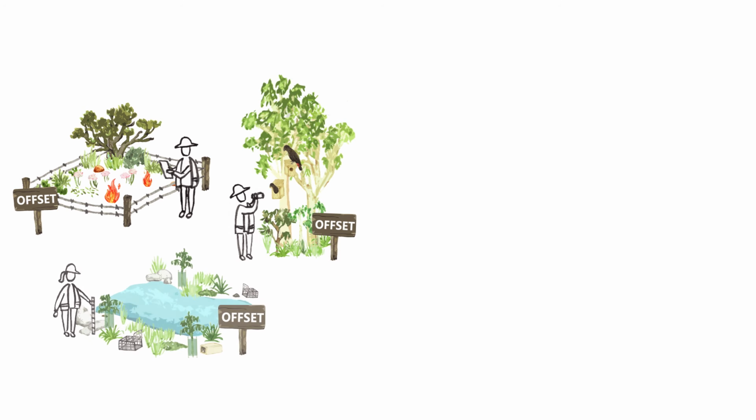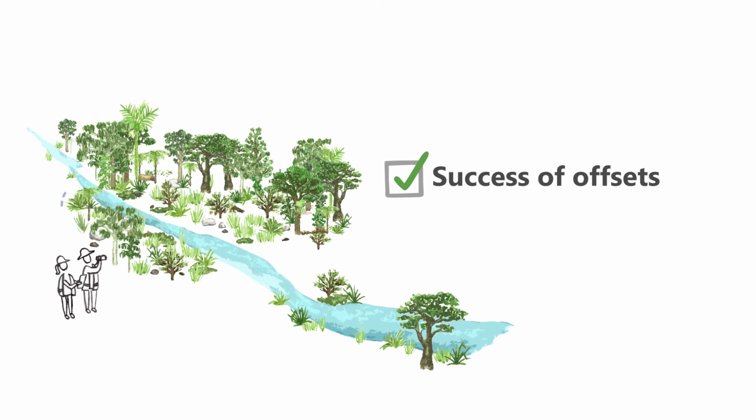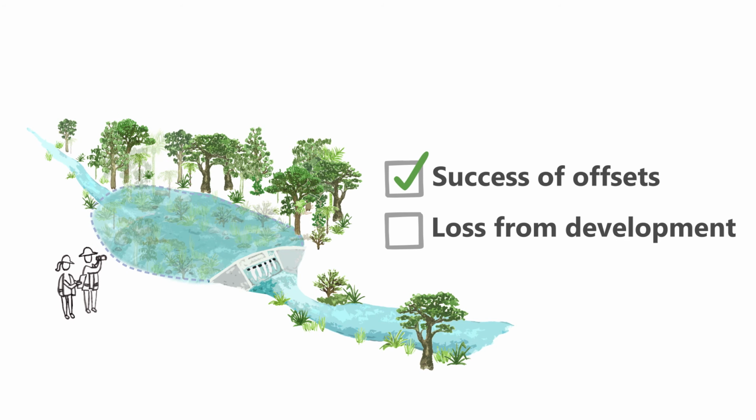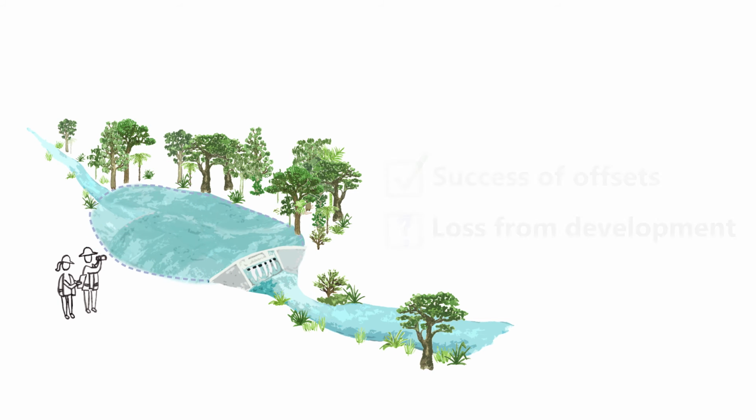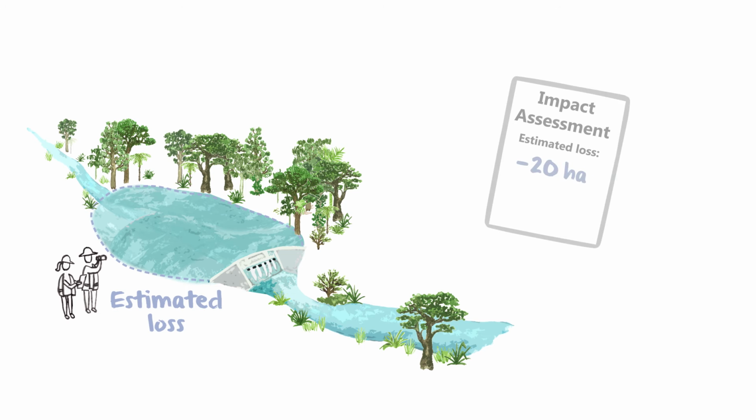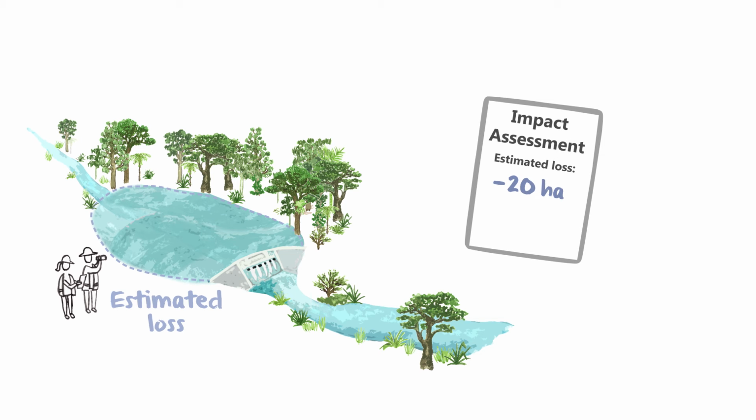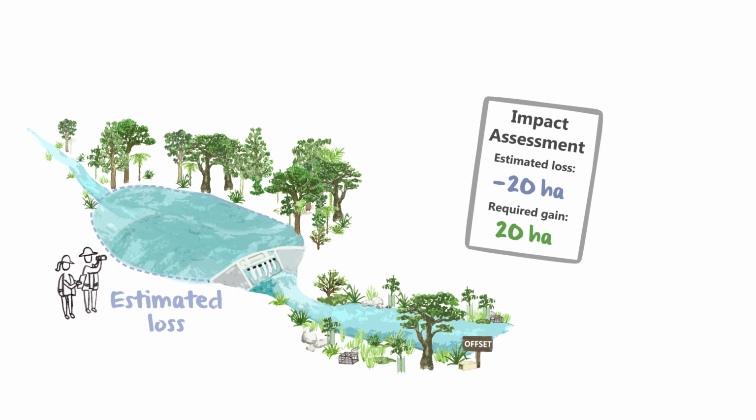The monitoring of offset sites is required to allow the success of offsets to be evaluated, but it's not sufficient. We also need to monitor the loss from the development, which could end up being different to what was expected. The loss from the development is usually estimated as part of some form of environmental and social impact assessment, and these estimates are used to determine how much offset benefit is required.